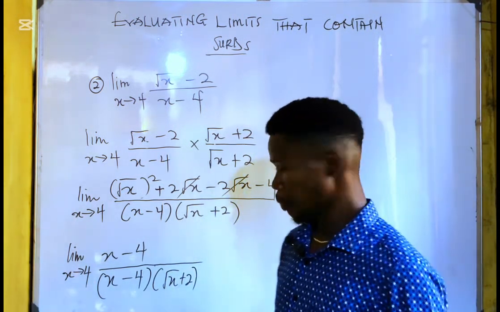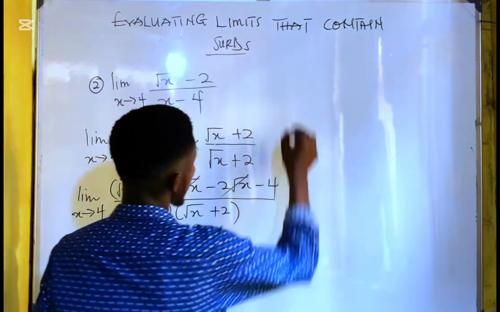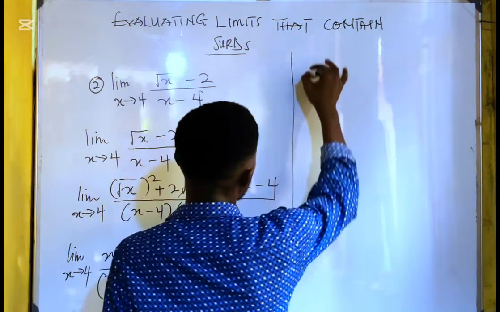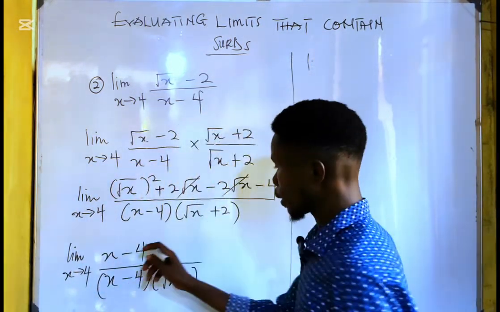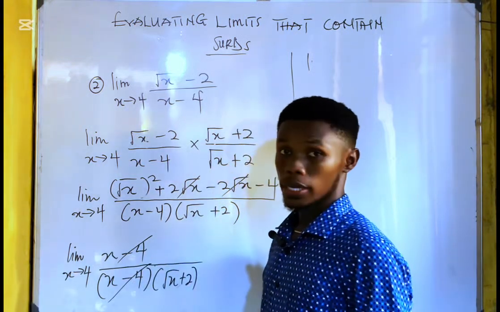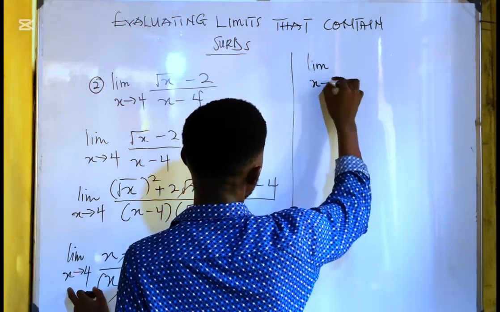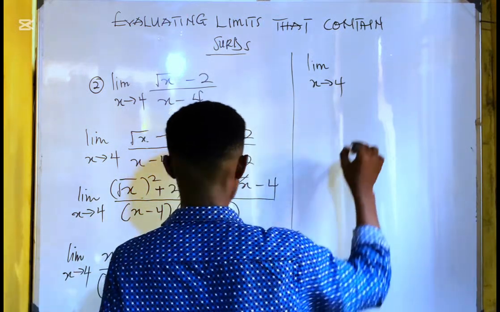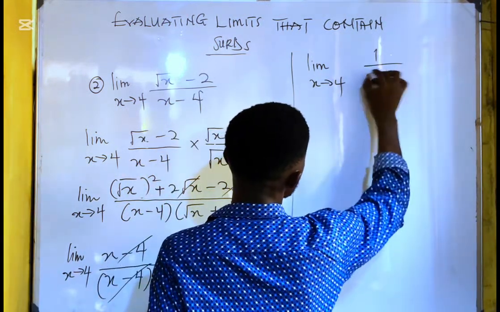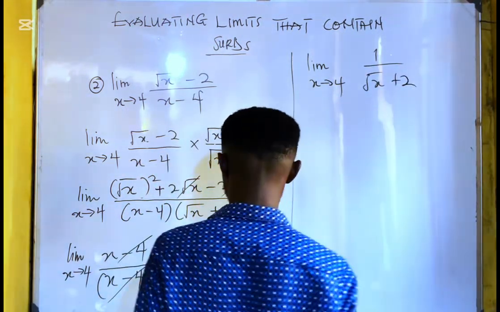Now you can see that this one and this are the same, so they will cancel out, leaving the limit as x approaches 4 of 1 over square root of x plus 2.